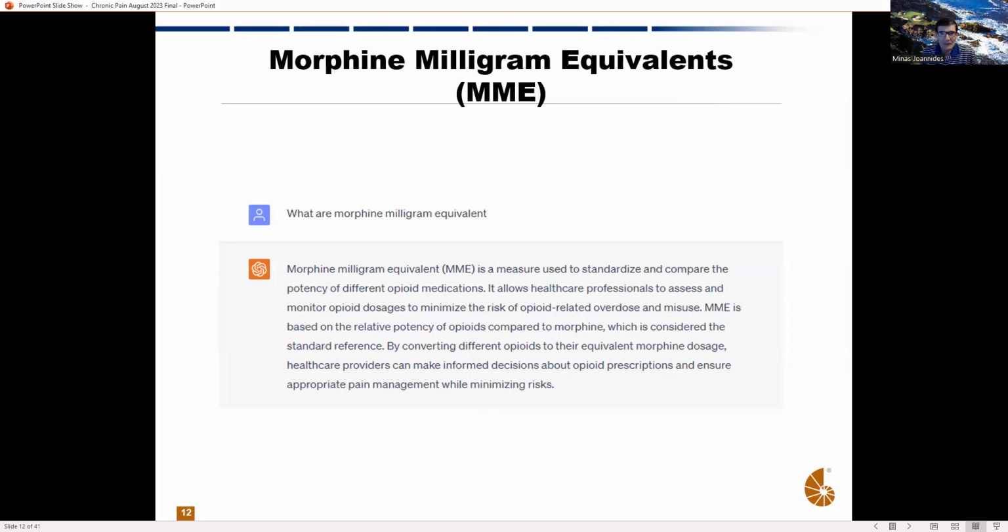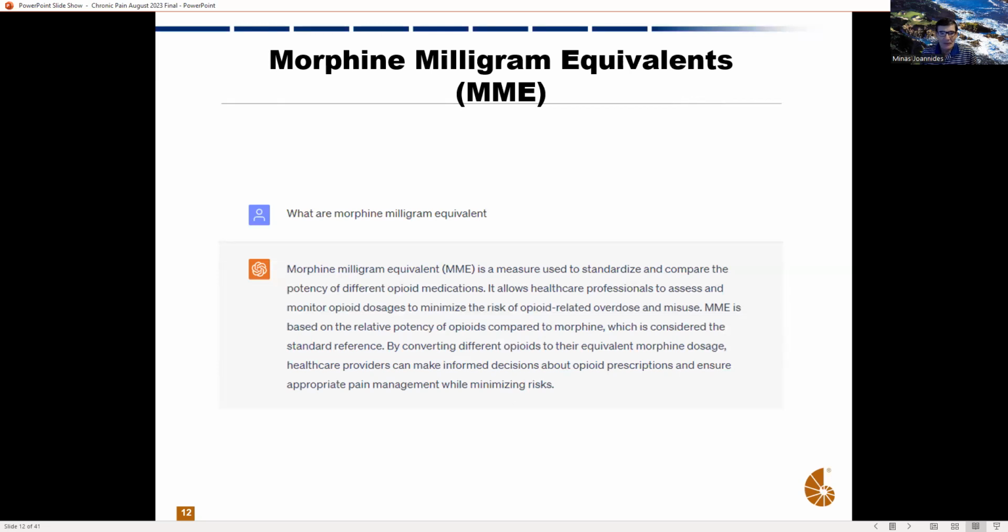By converting different opioids to their equivalent morphine dosage, healthcare providers can make informed decisions about opioid prescriptions and ensure appropriate pain management while minimizing risks. So it's very important to use this as a standard so different physicians can all understand the dosage they're providing their patient in a morphine milligram equivalent.